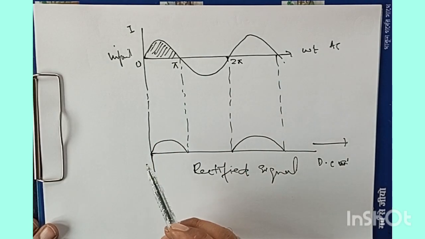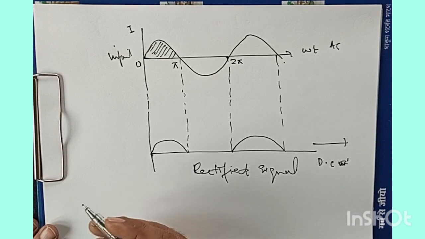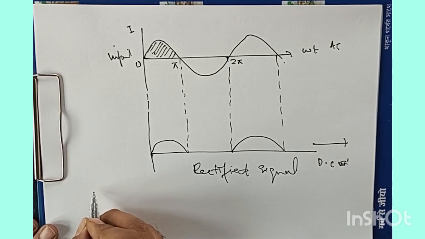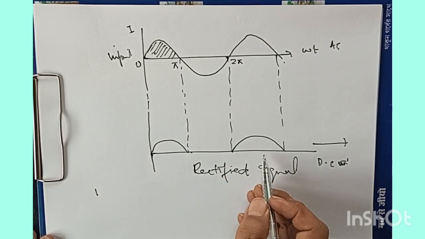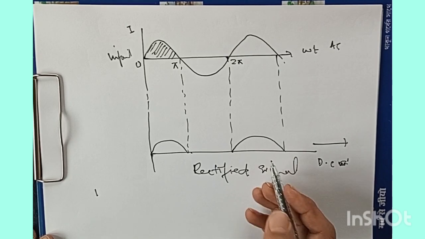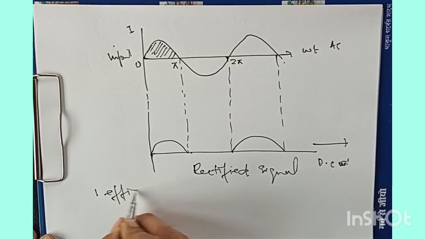Now the point is clear that only the half cycle of the AC signal is utilized, and therefore it has disadvantages, since the output signal is discontinuous. You can see it's a discontinuous signal, so the efficiency of the half wave rectifier is small.